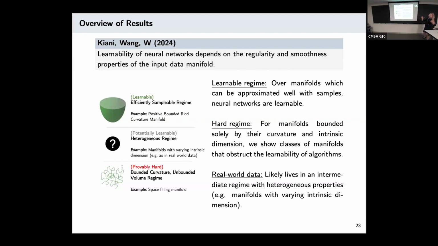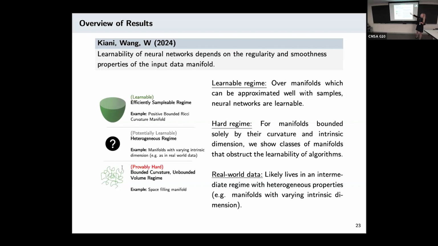So if we put enough restrictions on those geometric characteristics that we just discussed, we can find manifolds on which feed-forward neural networks are efficiently trained. And that has something to do with how well that manifold can be approximated with samples. We will make that precise in a second.